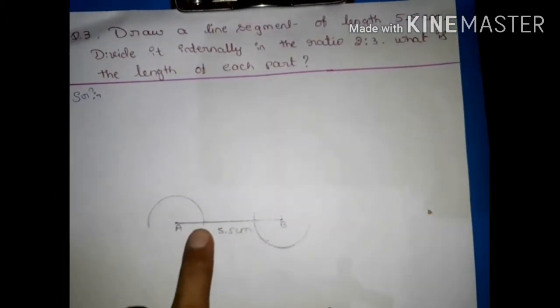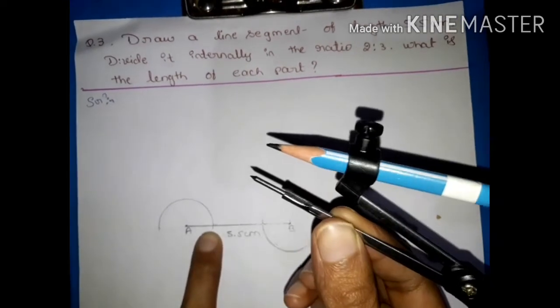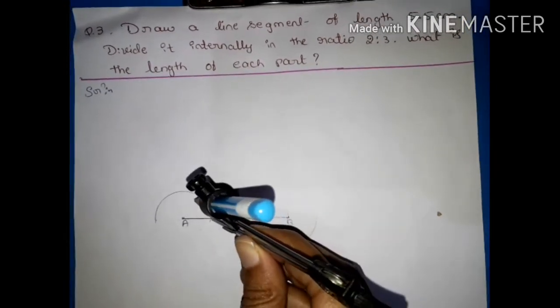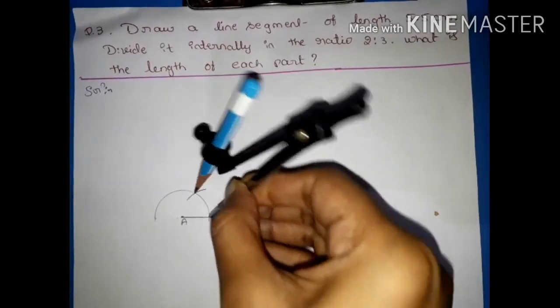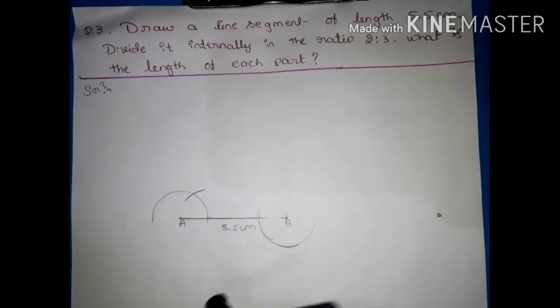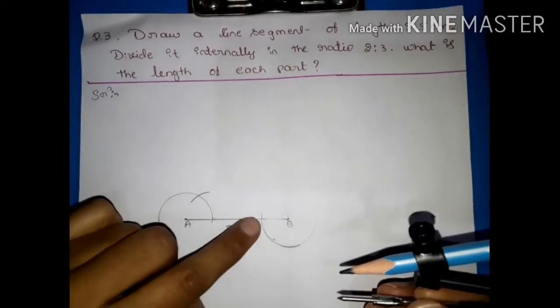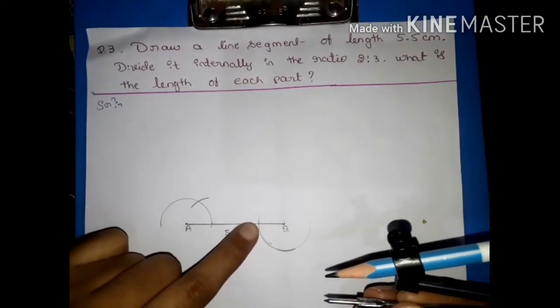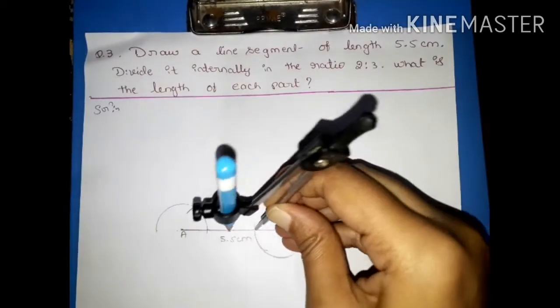Where this semicircle meets the line segment AB, without changing the measurement, construct one arc on the semicircle. Similarly, at point B where the semicircle meets the line segment AB, draw one more arc on the semicircle.